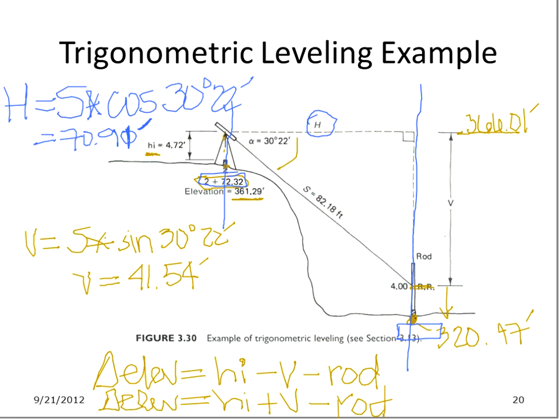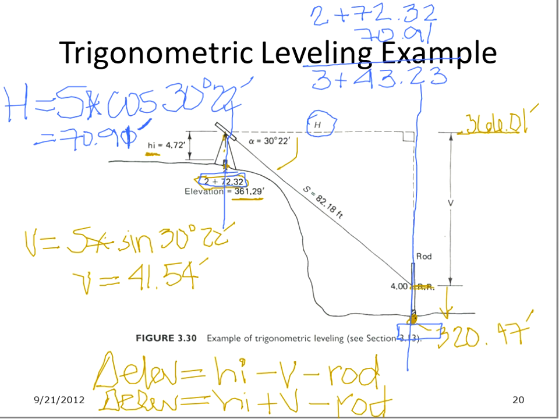So our stationing here at our next point would be, I'm looking for a good place to write with this giant pen, 2 plus 72.32 plus 70.91.